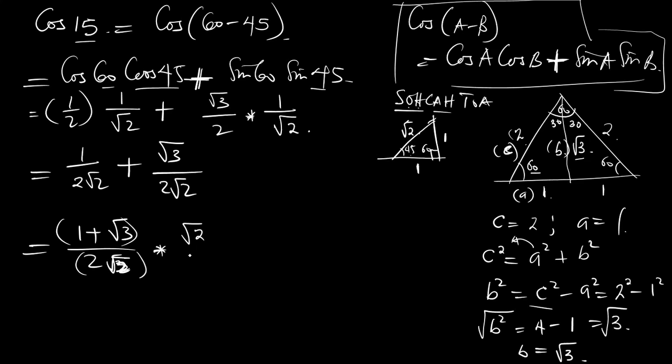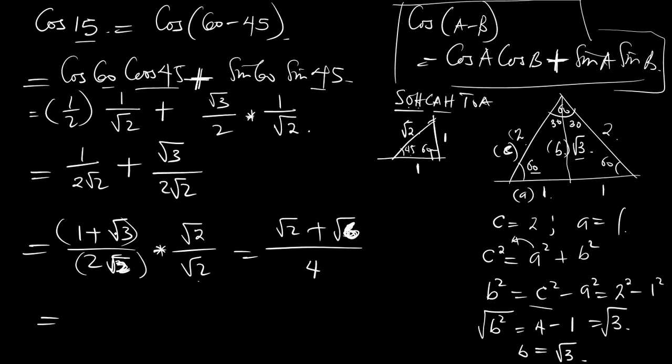We can as well multiply the numerator and the denominator by root 2. So root 2 times 1 will give you root 2. Then root 2 times root 3 will give you plus root 6, divided by root 2 times 2 root 2, which will give you 4.